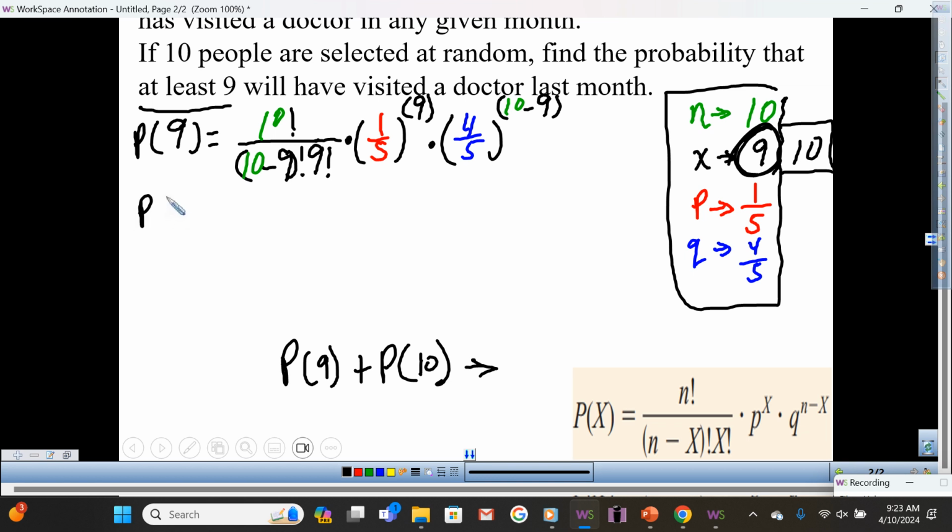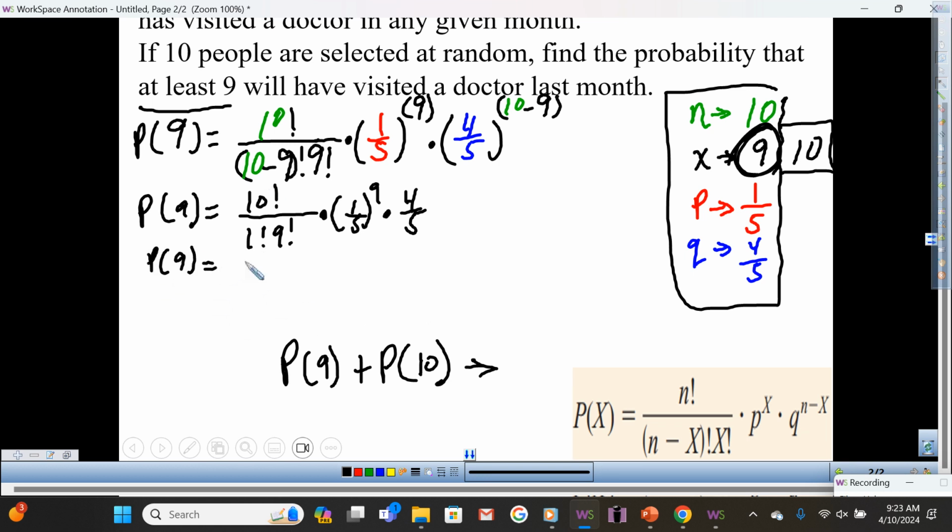So, simplify. Let's do P of 9 equals 10 factorial over 1 factorial, 9 factorial, times 1/5 to the 9th power, times 4/5. Do I need to put a little 1 on the exponent? No, right? Because 10 minus 9 is 1. Okay, I'll leave it like that.